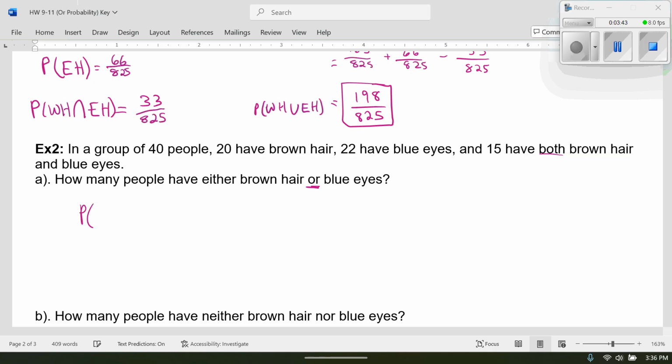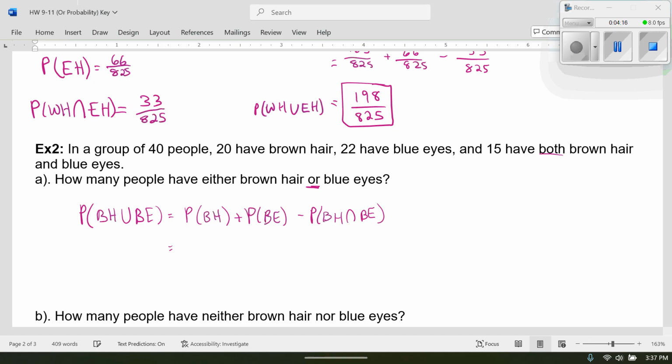So the probability of brown hair or blue eyes is the probability of one plus the probability of the other minus the probability of them both. We always want to get rid of the overlap because we don't want to count anything twice. And both, remember, AND probability, is the upside down U.